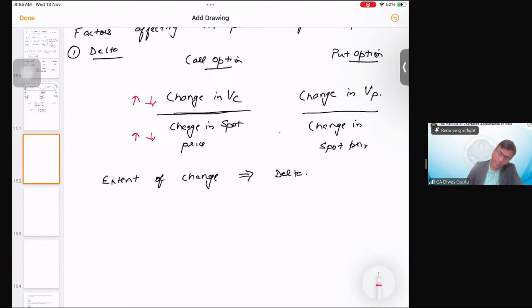If the spot price increases, what will happen to the value of the put option, whether it will increase or decrease? Inverse relation. Yes, inverse relation. So it will decrease. In case the spot price decreases, the price of the put option will increase.